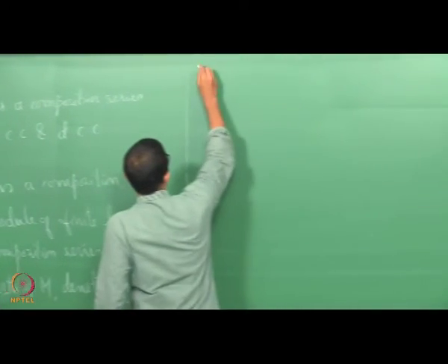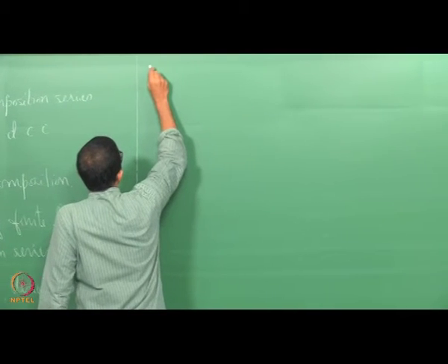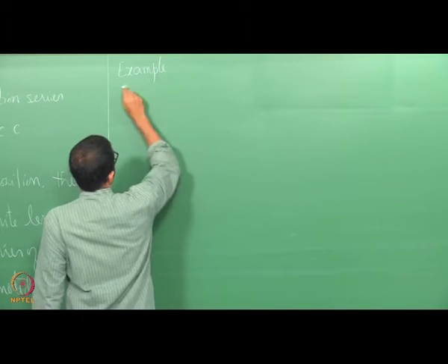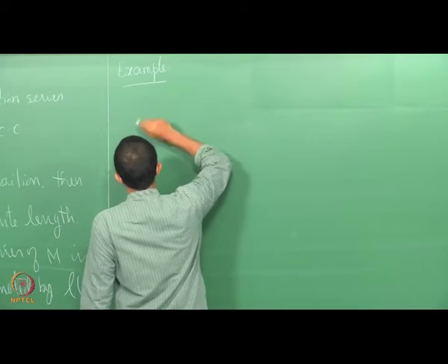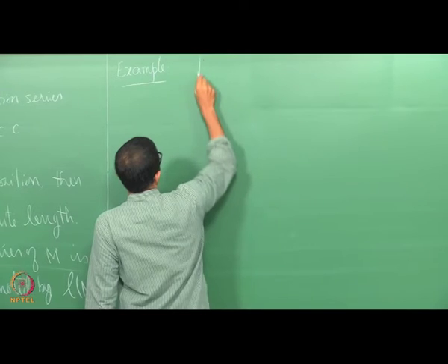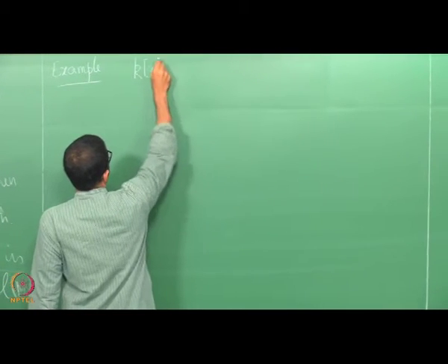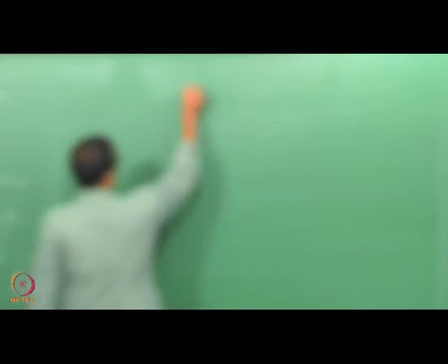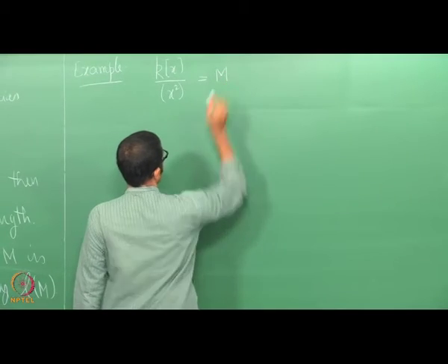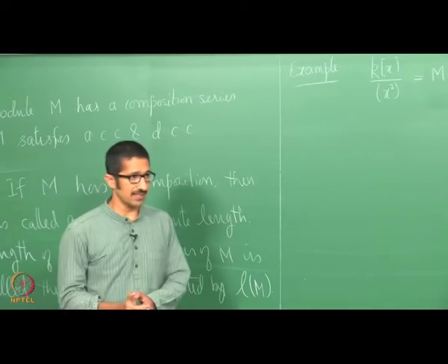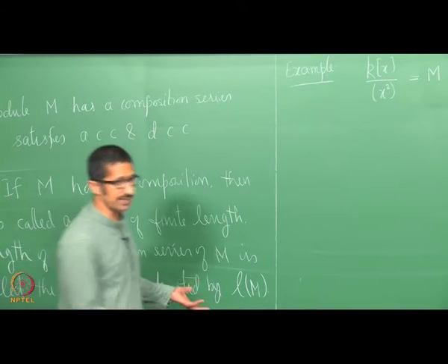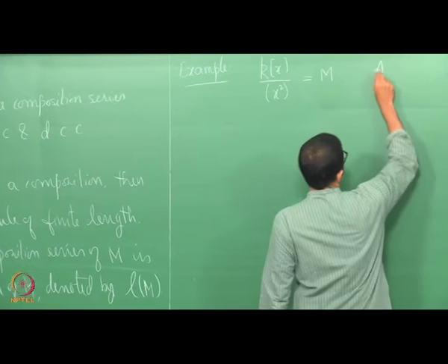For example, we have already seen this. Let us look at kx mod x square. Let us look at this M to be this, over A equal to kx itself, or k itself.